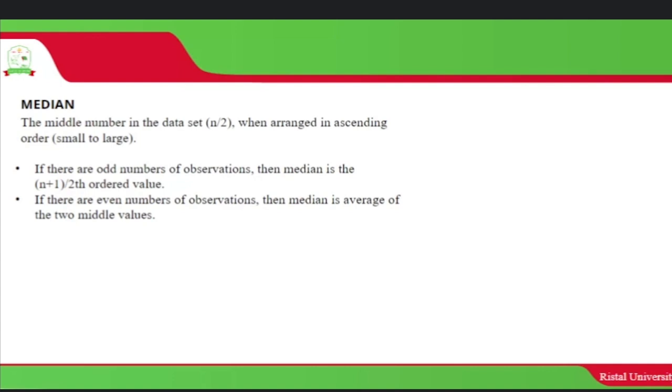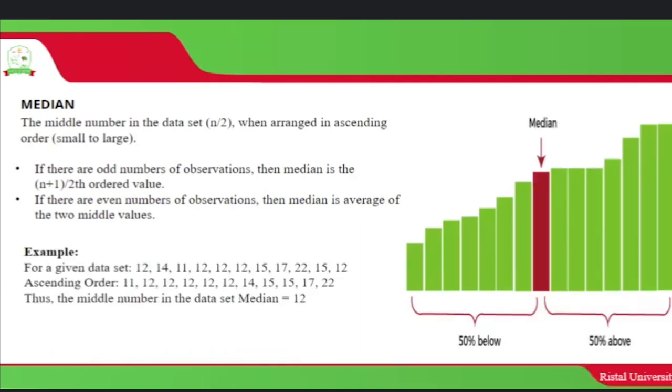If there is an even number, the median is the average of the two middle numbers. Given this example, you organize the data points in ascending order, and the middle number here is 12. So the median is simply the middle number in the data set.